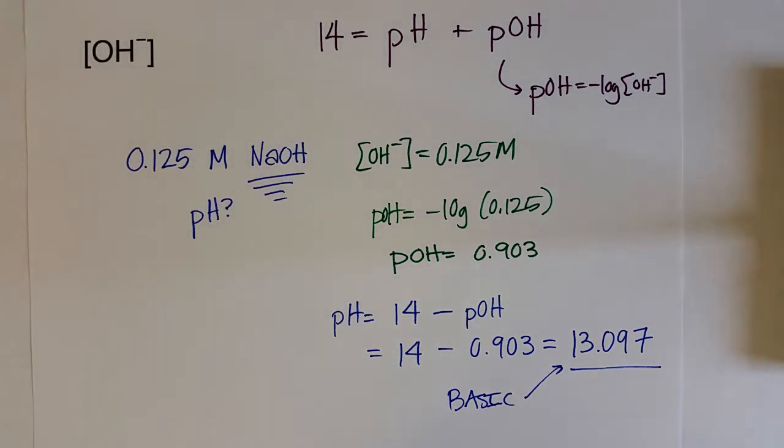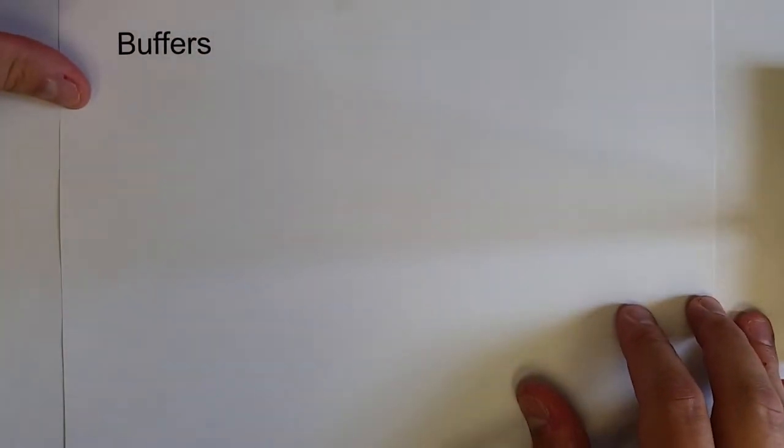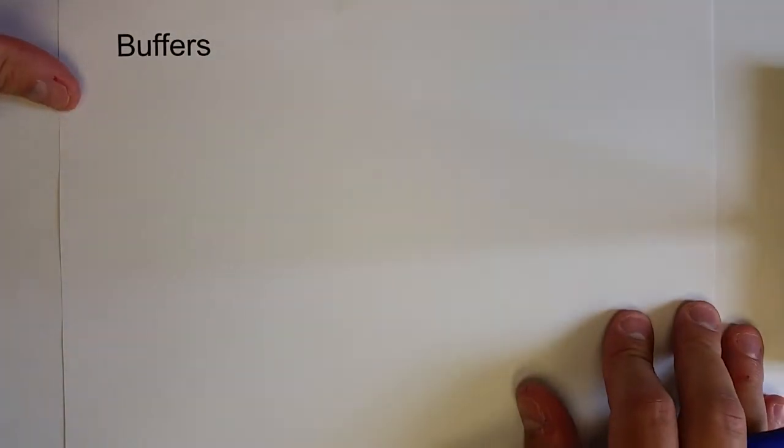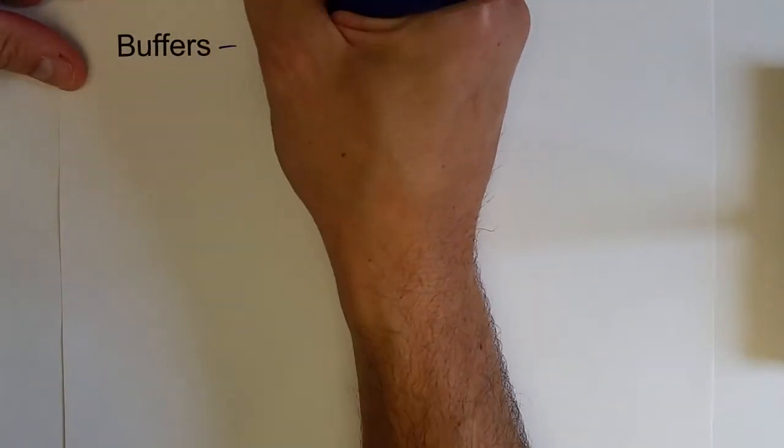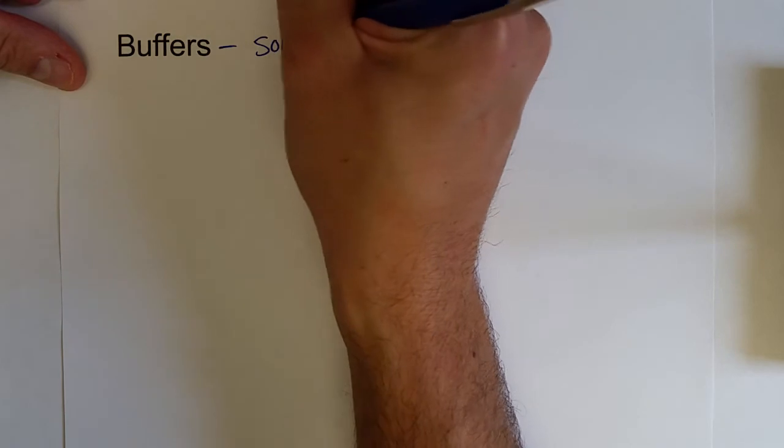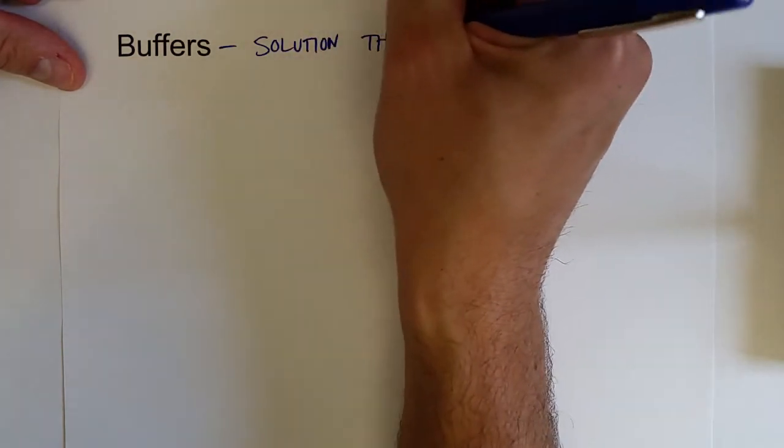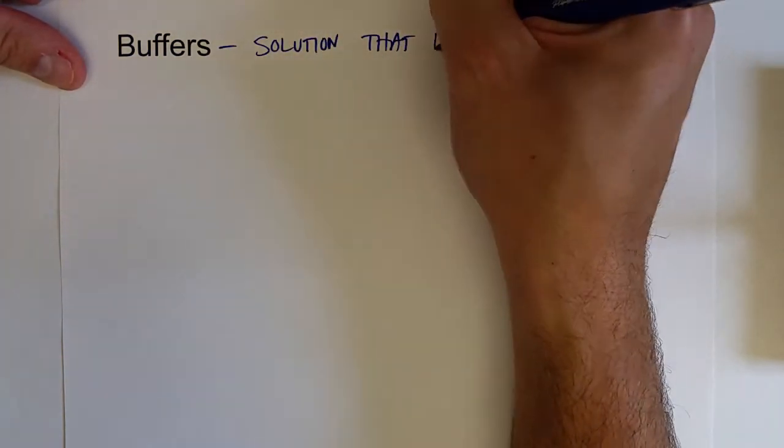All right, one more thing to talk about, and that is buffers. Buffers are extremely important in biological systems, as well as doing lab work in chemistry. A buffer is a solution that is able to minimize changes in pH.